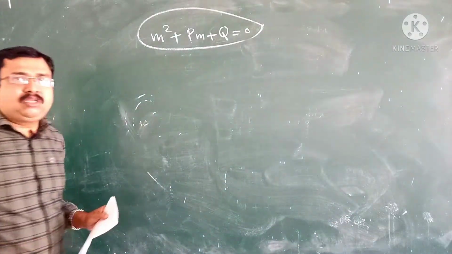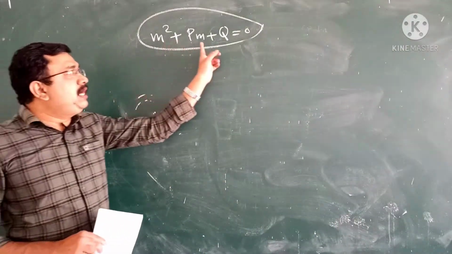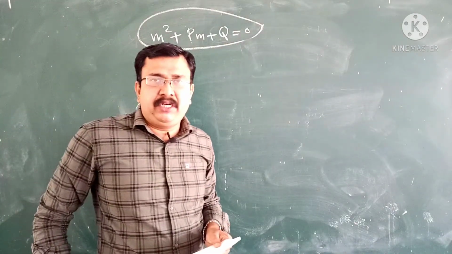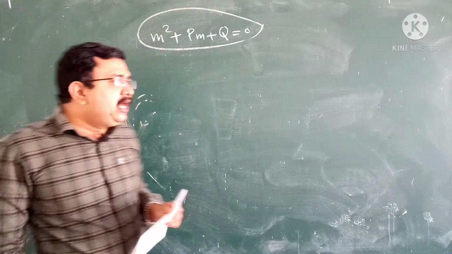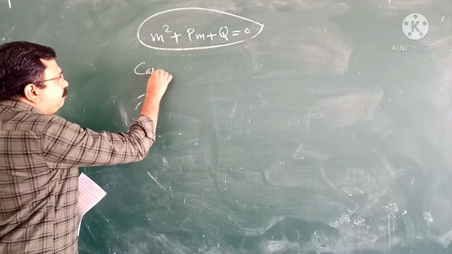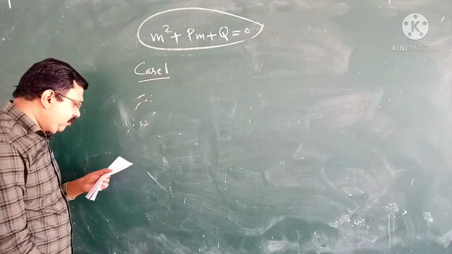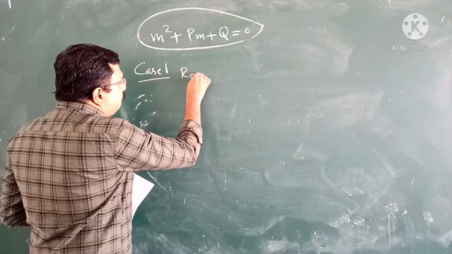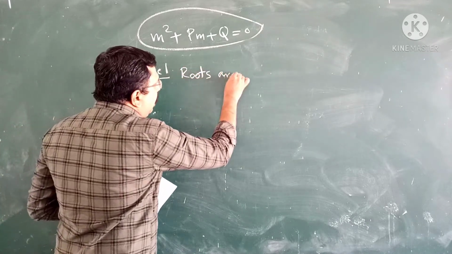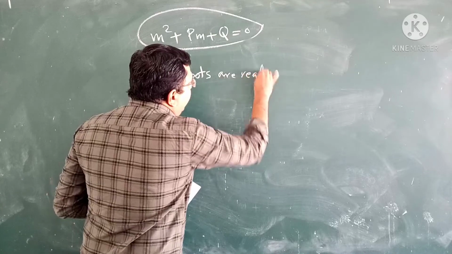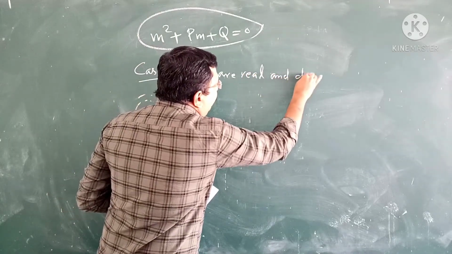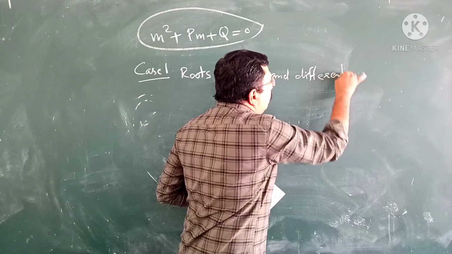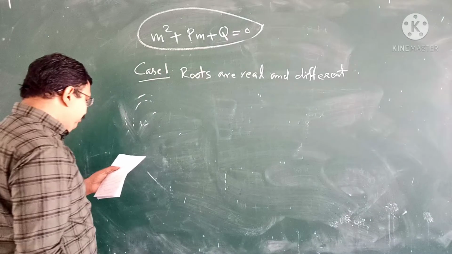We know that our auxiliary equation is m square plus pm plus q equal to 0. When we are solving the auxiliary equation, three cases are there. Case number 1: roots are real and different.